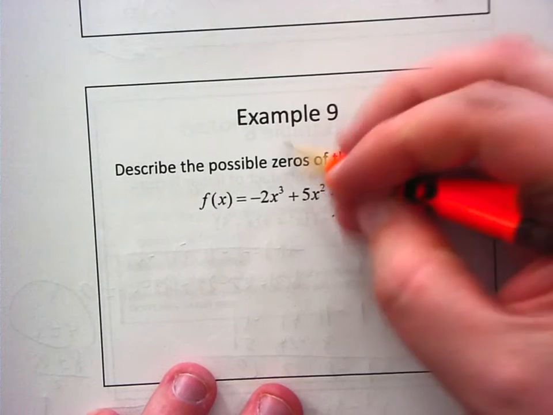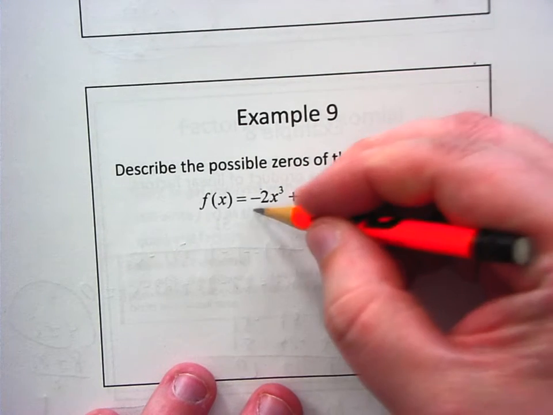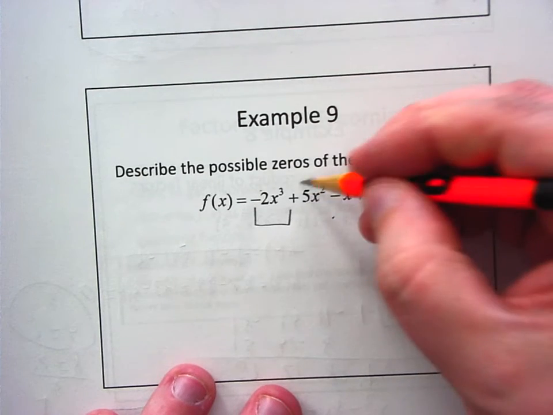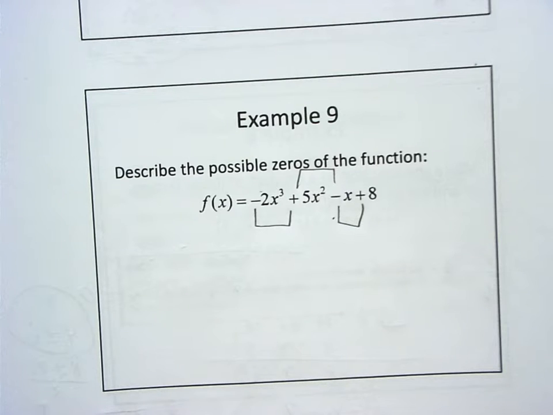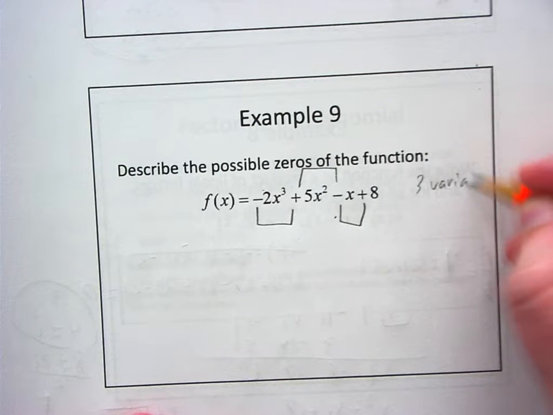Okay? And I see that this first one's negative, the next one's positive, right? So I'm going to mark that off. It goes from negative to positive. Then it goes from positive to negative. Then it goes from negative to positive, right? So if I look at this, how many variations are there? 3. So there are 3 variations of sign in f of x.